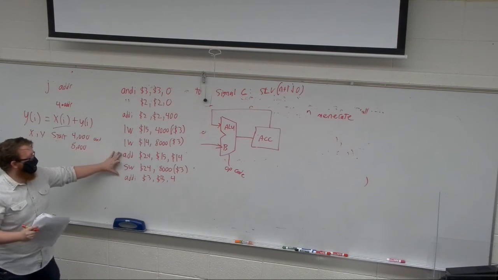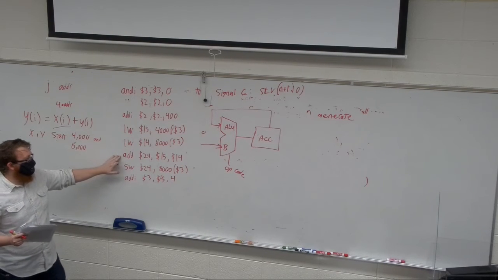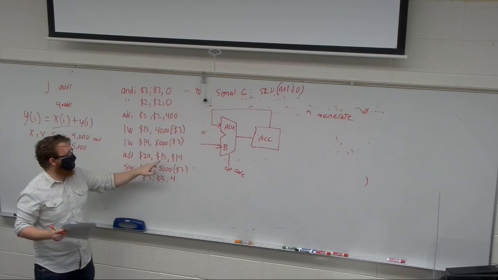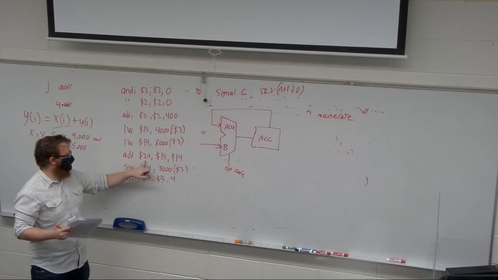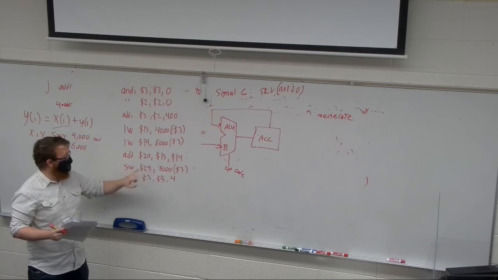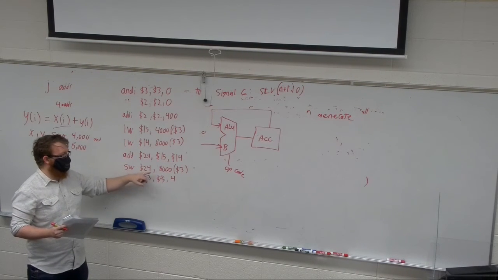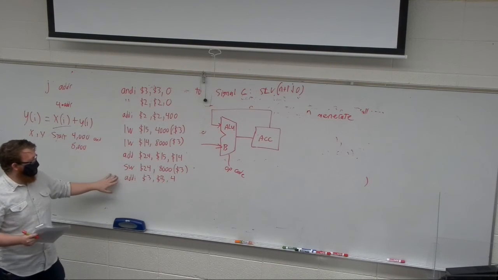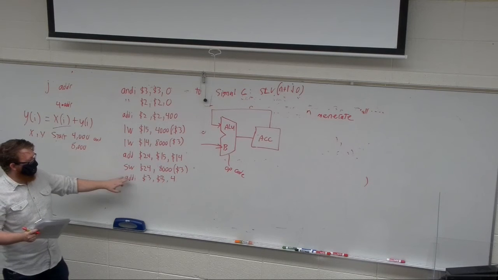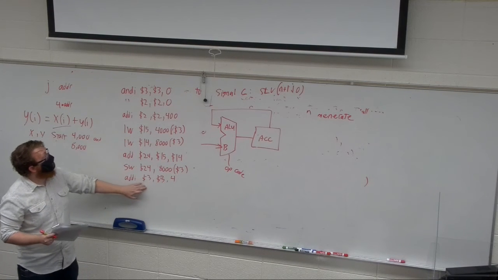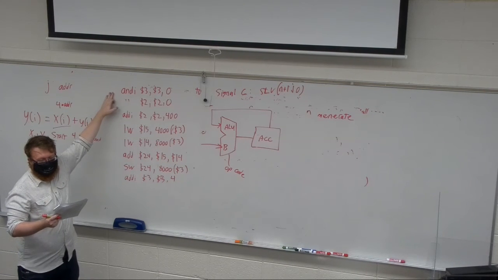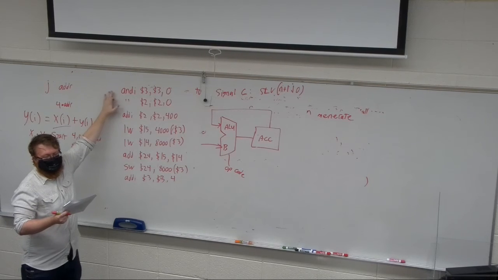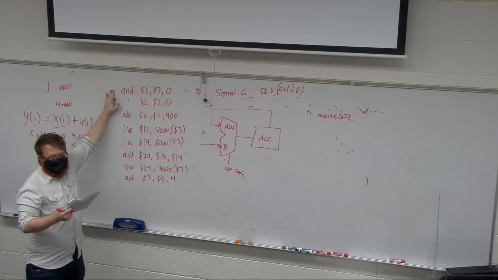Okay. So now we're going to do our loop operations where we're adding X and Y, storing it in register 24. And then we're storing register 24 back into memory. Then we're going to take number 3 up here, and we're going to start incrementing our loop counter.